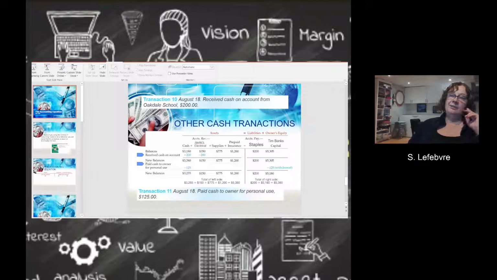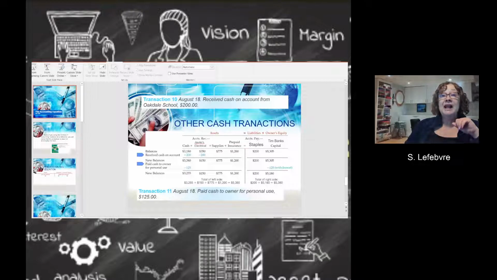So many times when business owners start their businesses, they don't pay themselves a salary. And so whenever there is cash available in their account, they're going to take some money out when they need it. So their cash will decrease and it's their owner's equity.